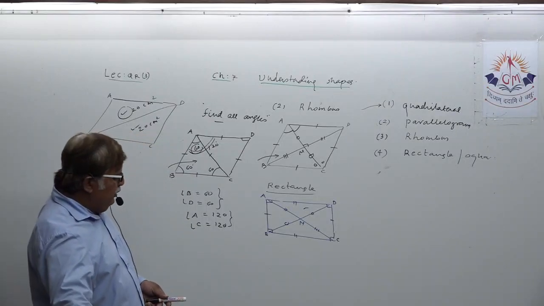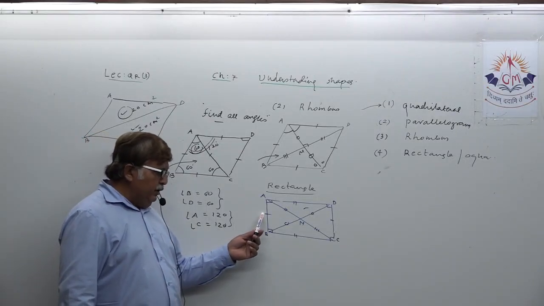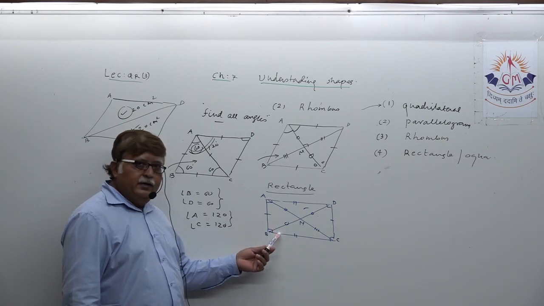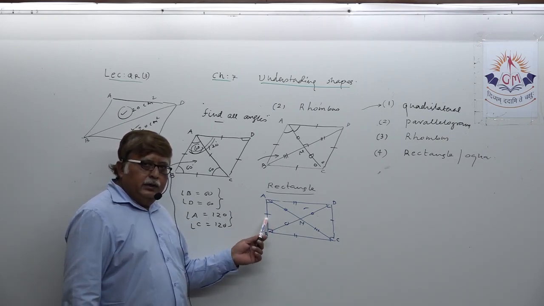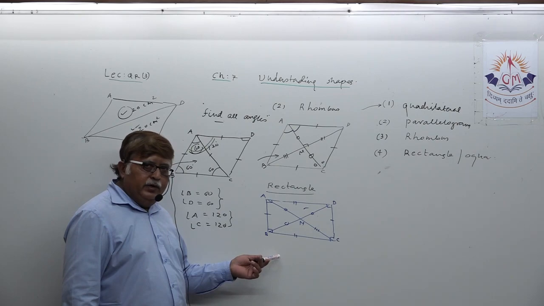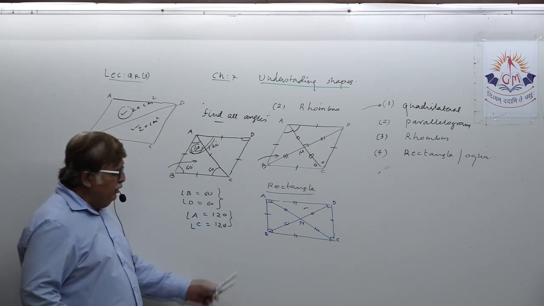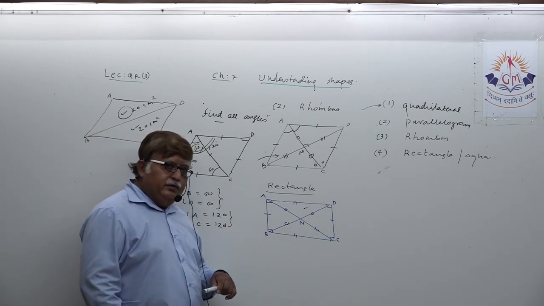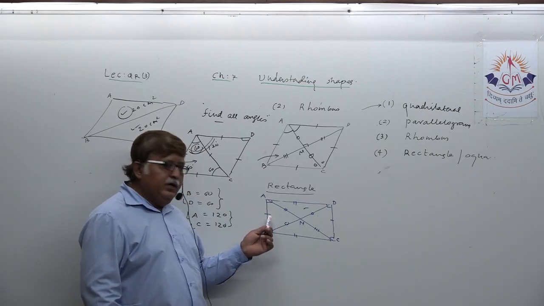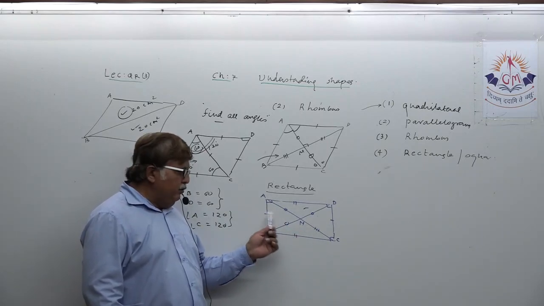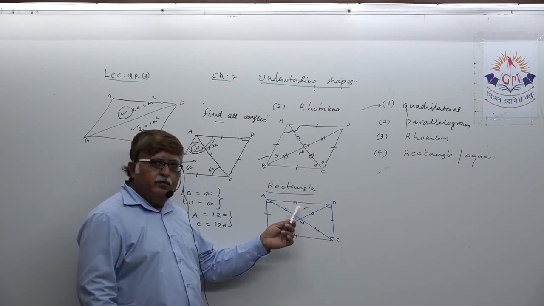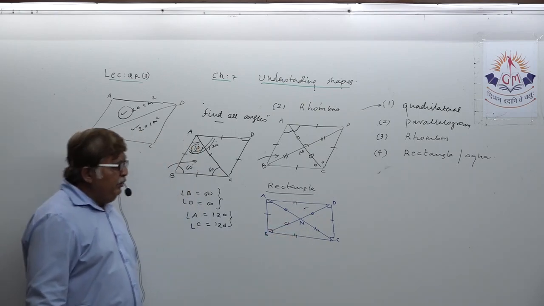Any example can be solved if you are given two adjacent sides, like in a parallelogram, and you have to find the perimeter. You can find it very easily by utilizing the same property of a parallelogram. Opposite sides: this is 3, this is 3, this is 4, this is 4, so you can find the perimeter.